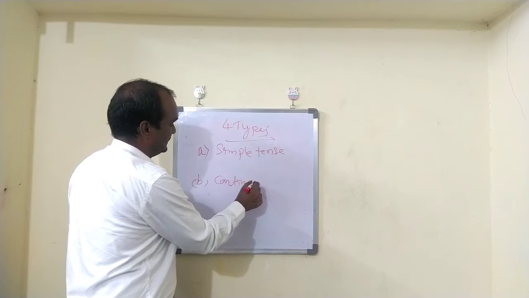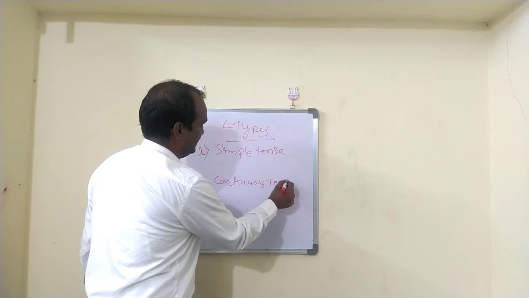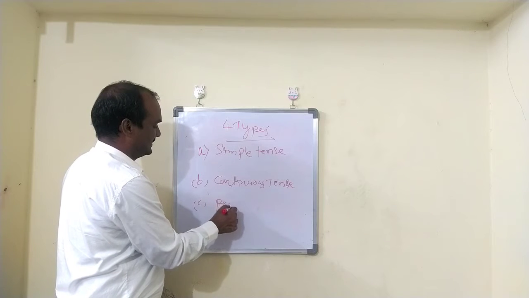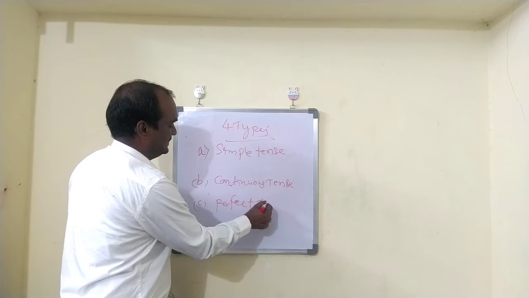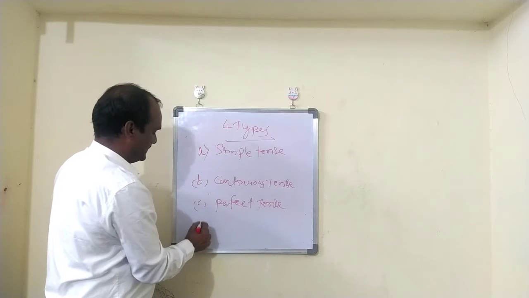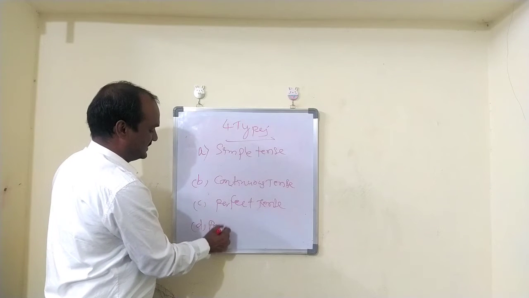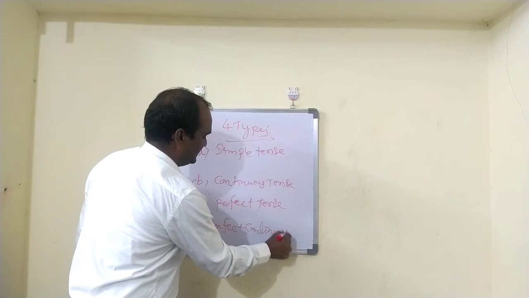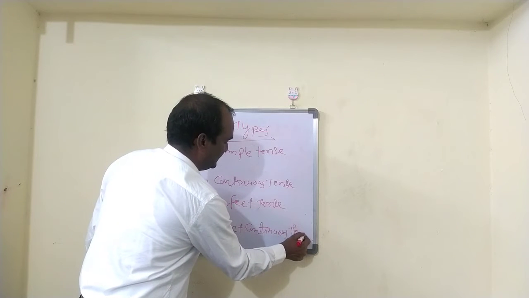continuous tense, and C is perfect tense, D is perfect continuous tense, you will see here, okay?